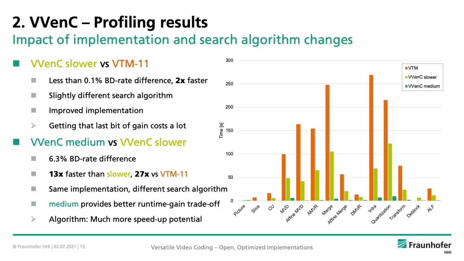That's still not enough. And then we come to the second part of the comparison, that is VVEnc slower versus VVEnc medium. It's based on the same implementation, but using a different algorithm. Because of the different algorithm, we have a little bit of loss in the compression efficiency, but VVEnc medium runs 13 times faster than VVEnc slower, which is around 30 times faster than VTM.